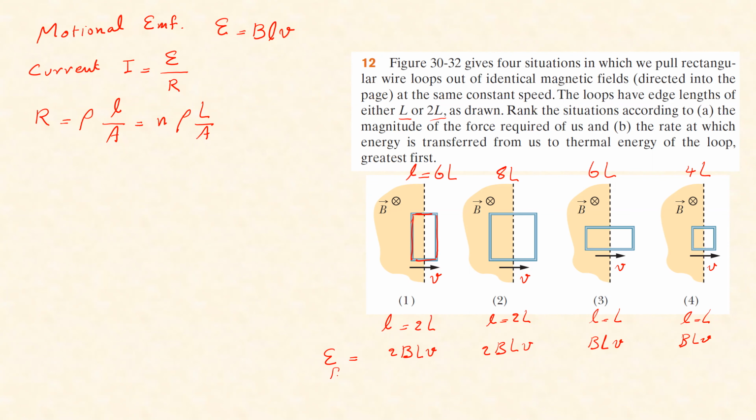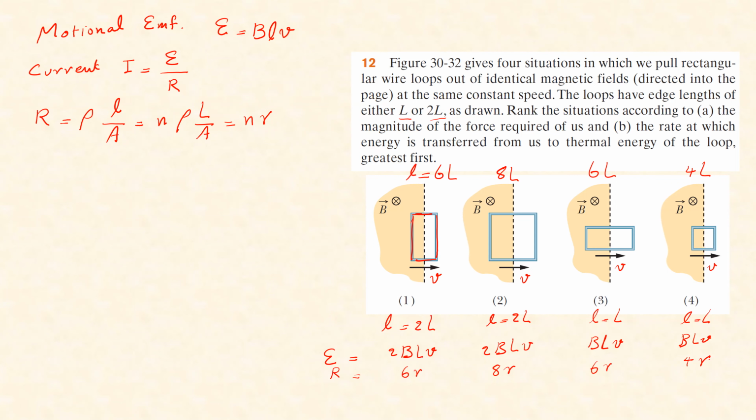So the resistance here, let me call this n times R. R here becomes 6R, here becomes 8R, here 6R, and 4R, right?